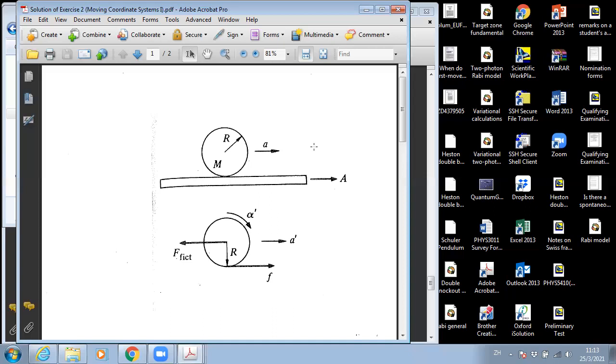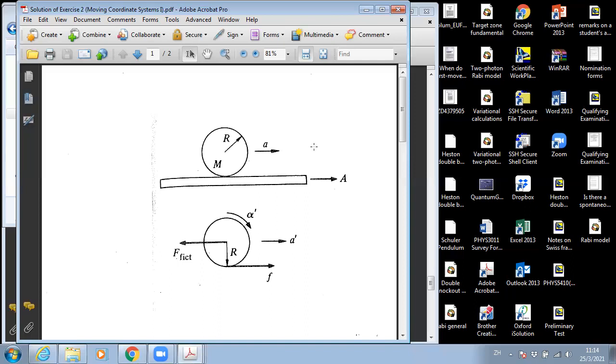When T bar equals 0, what is the time for this mass going down to the bottom? If the T bar is positive, what happens? If T bar is negative, what will happen?